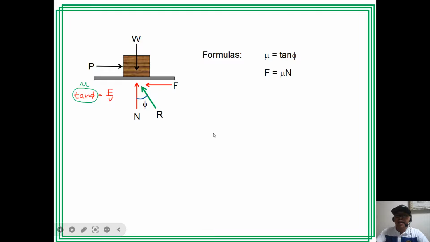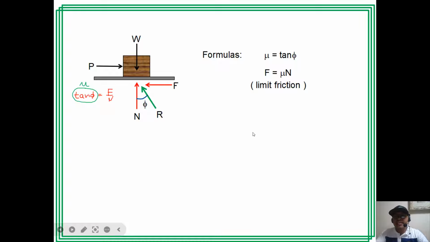Okay. Now, this F equal to mu times N is what we call the limit friction. The limit friction is the maximum value of the friction force, which is when you multiply the coefficient of friction and the normal force.